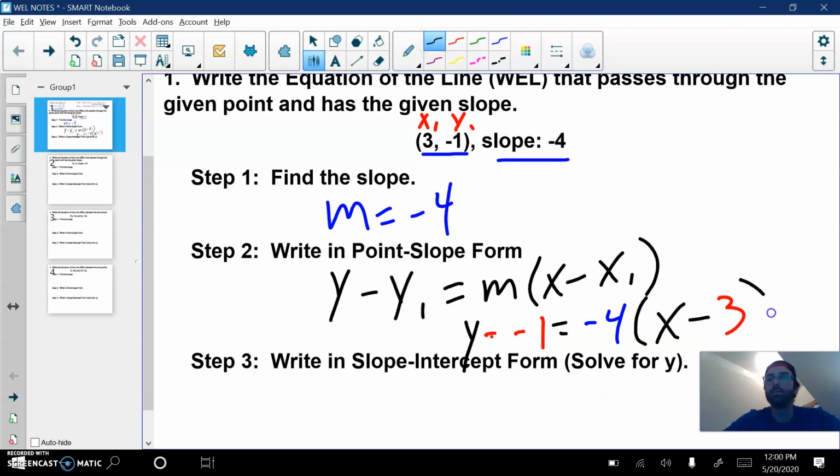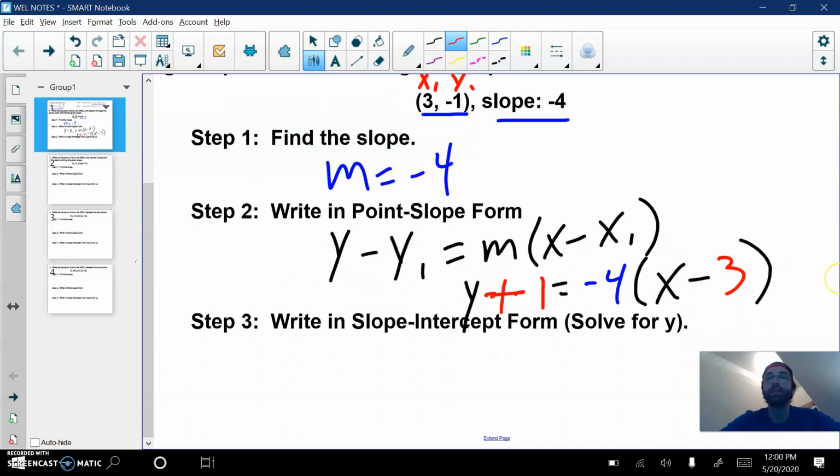Now, obviously, if I'm subtracting -1 here, this becomes one big plus sign. So I have y plus 1 equals -4 times x minus 3. So this is our point-slope form here. But the question asks us to write it in slope-intercept form.